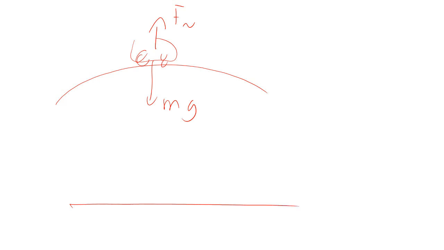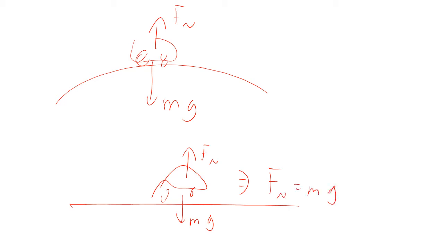Now, when the car is on level ground, then mg is down, normal force is up, and so that means that the normal is going to be equal to mg. Now, if it's going over a hill, it's a little bit different because now we know that there's got to be centripetal force. So the centripetal force is mv squared over r.